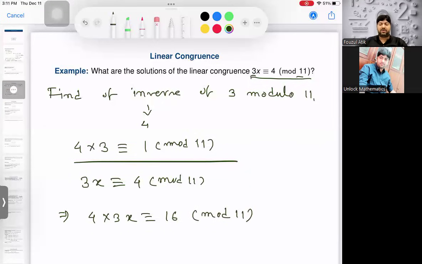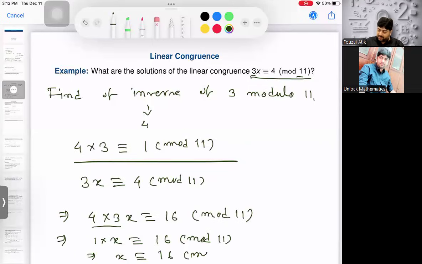Why can I do that? Because we know that if A is congruent to B mod n, then AC is congruent to BC mod n. So I just multiplied with 4. But 4 into 3 is congruent to 1 mod 11, so this part is 1. Therefore 1 into x is congruent to 16 mod 11. And actually I got a solution: x is congruent to 16 mod 11.